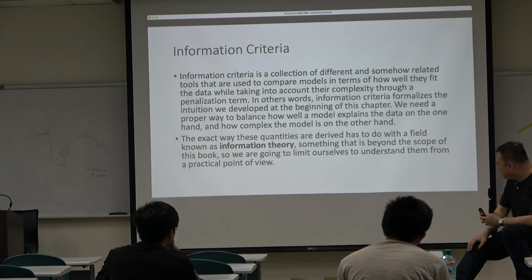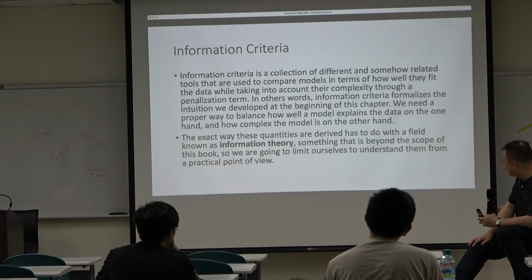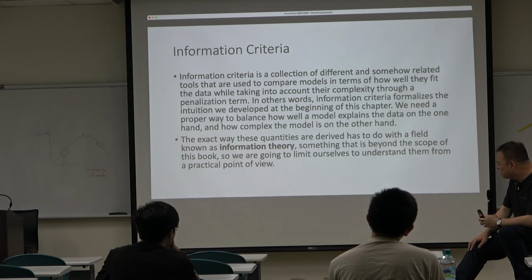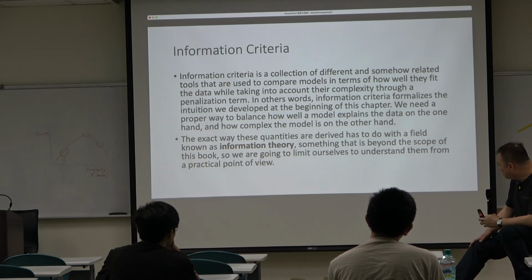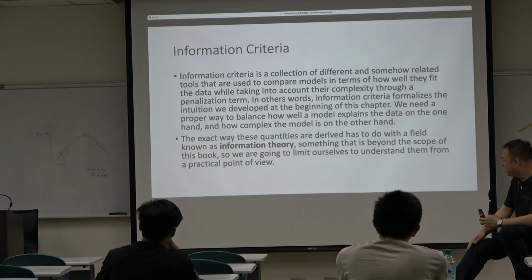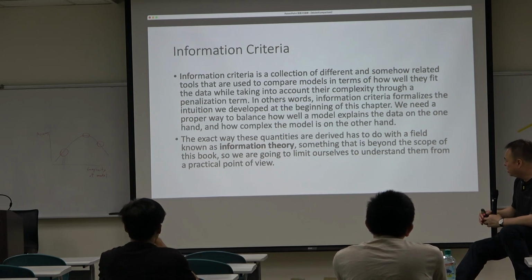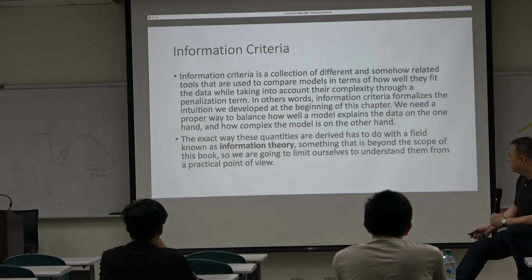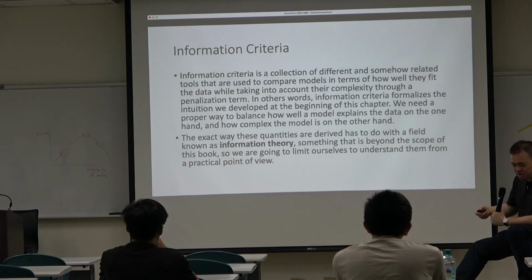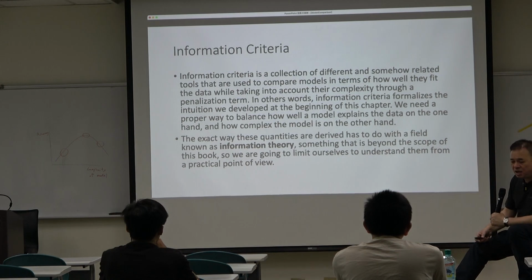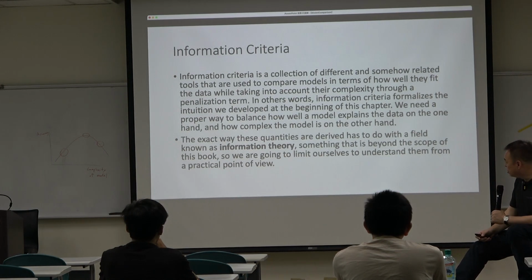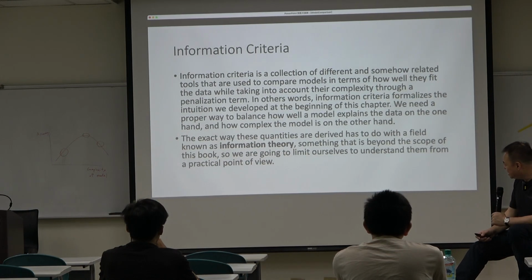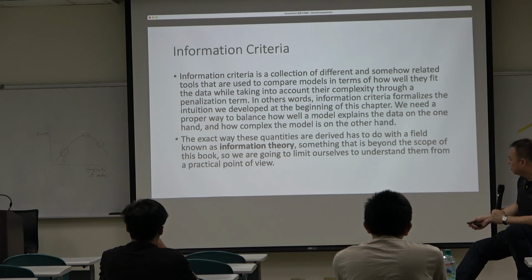And that discount is actually derived from information theory. So mathematically, it's very complicated. So I will just tell you how to use that. We are not going to go into the details.